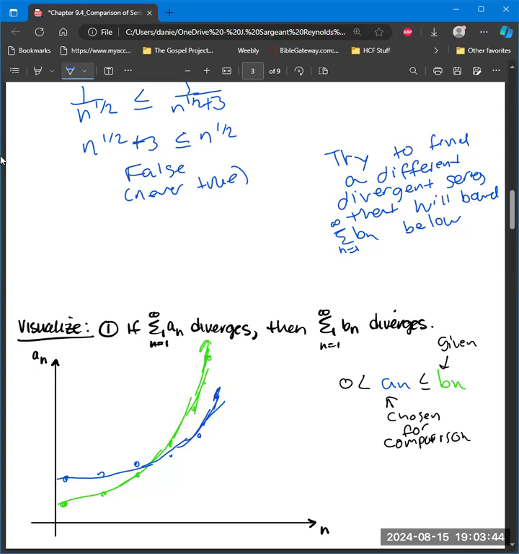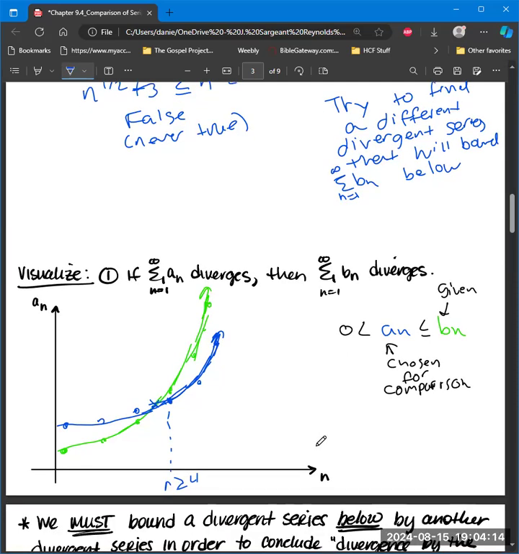So it's also going to go off to infinity here, but maybe it crosses somewhere here between, say, 3 and 5. So maybe by n greater than or equal to 4, it satisfies the condition that bn is going to be greater than or equal to an. We don't necessarily have to have this true starting at term number 1.